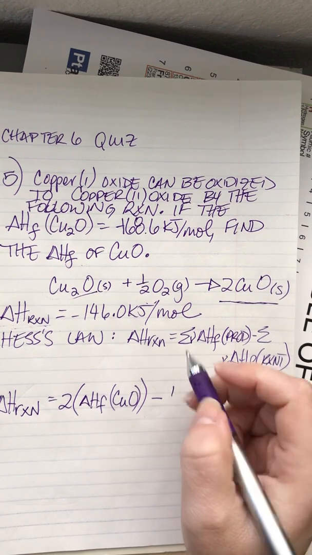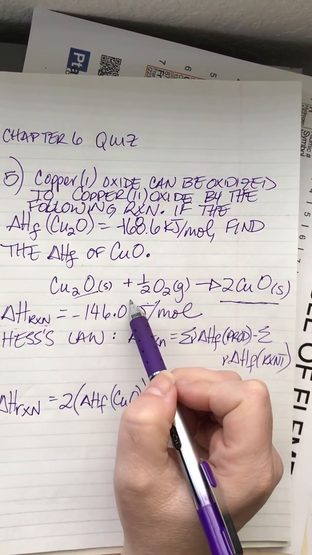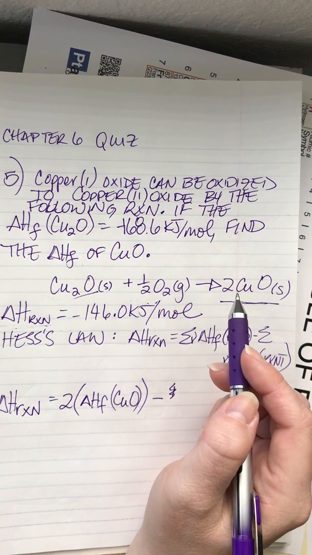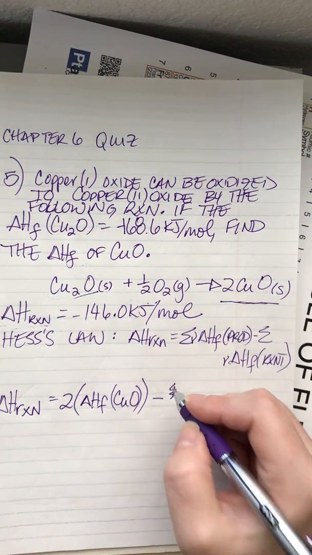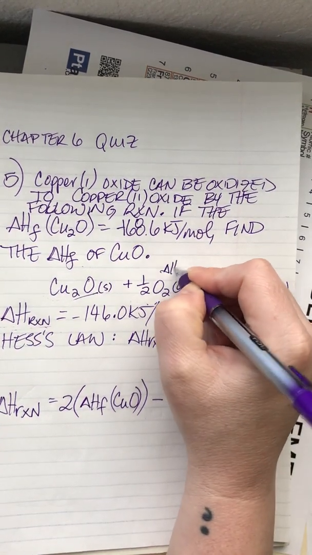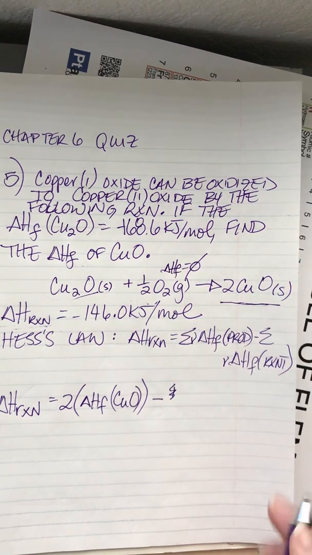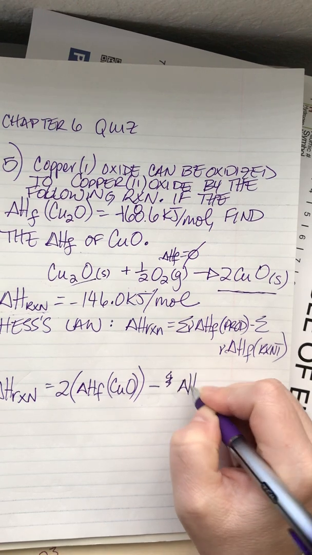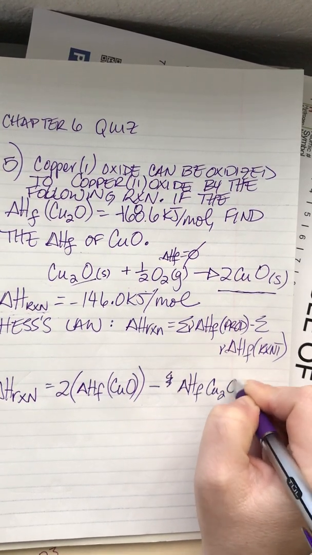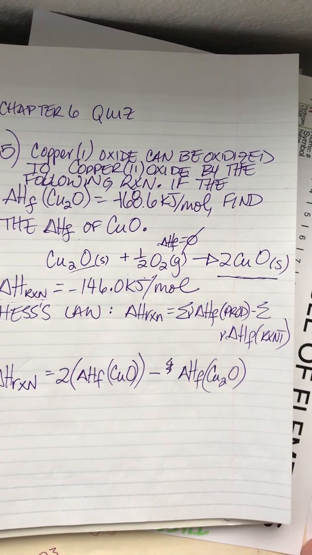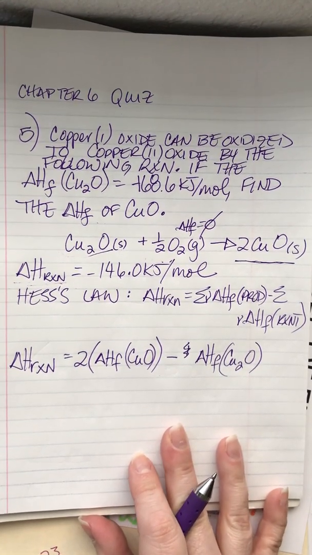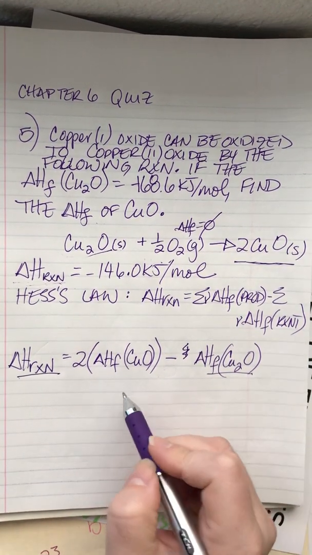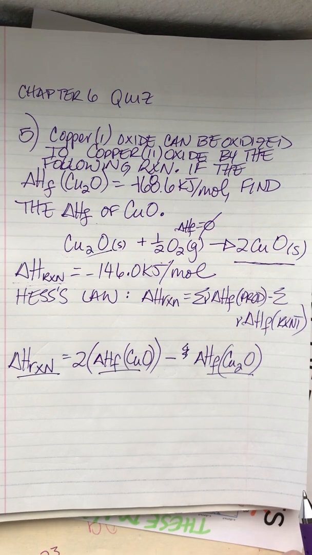So for oxygen gas, what's the enthalpy of formation? It's 0, exactly. So the enthalpy of formation here is equal to 0, so we don't need to include it. So here we have the enthalpy of formation of copper 1 oxide. We know this one and we know this one, so we can solve for this one.